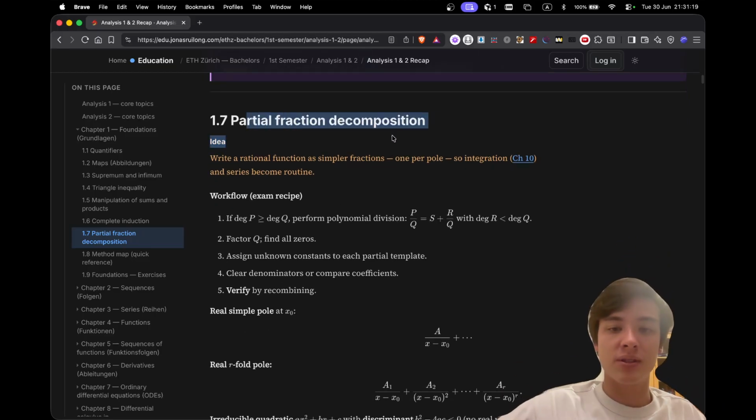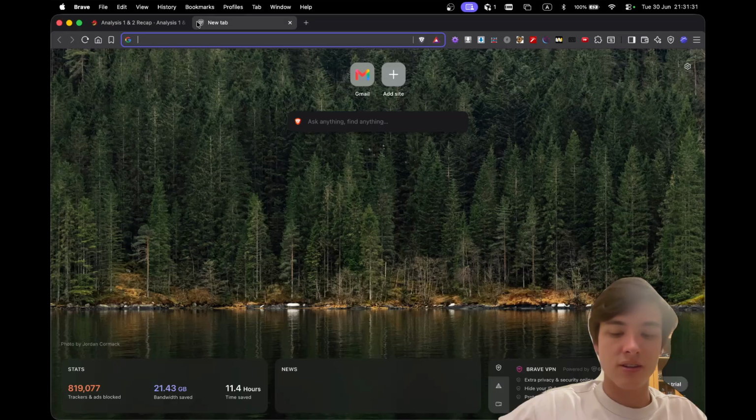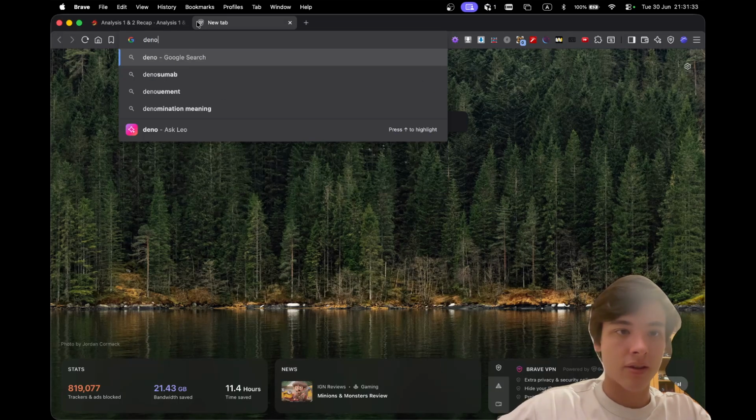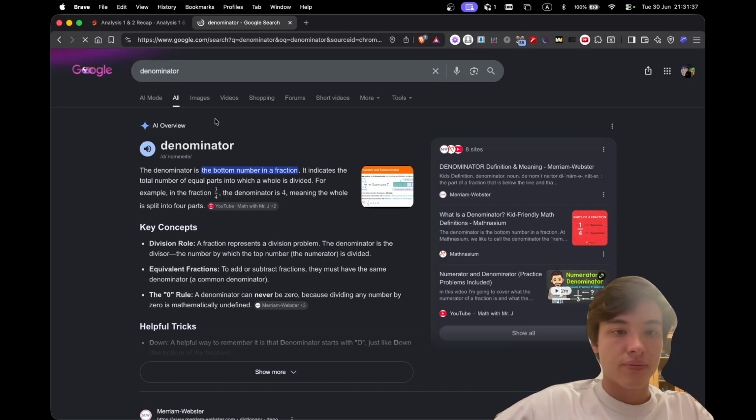Partial fraction decomposition. This is useful for integrals. So the workflow is, I don't even know, what is this, denominator, nominator, or something. Denominator is the bottom one.